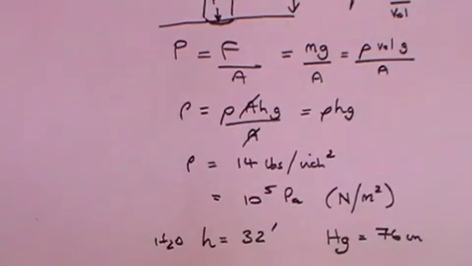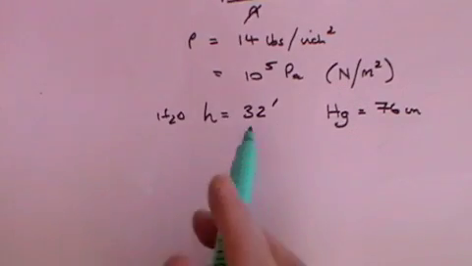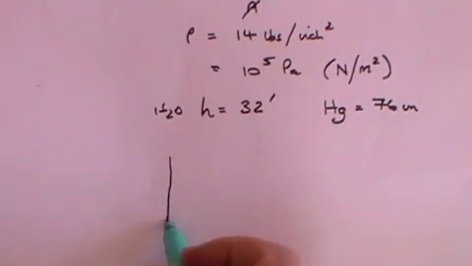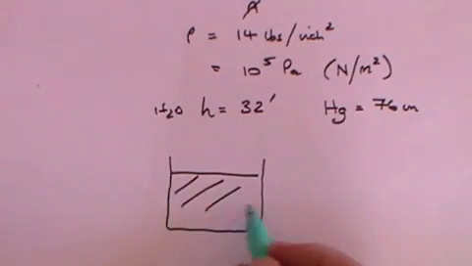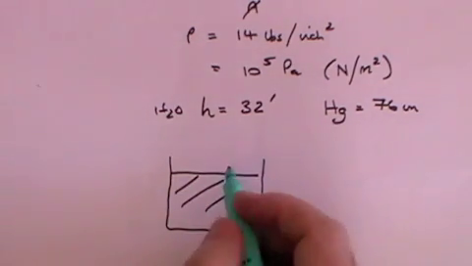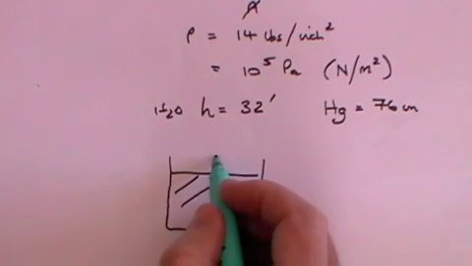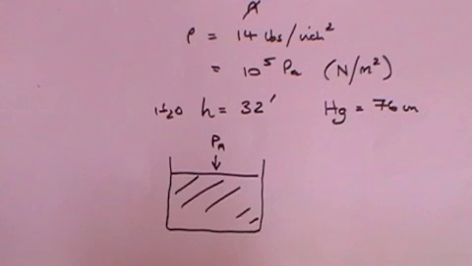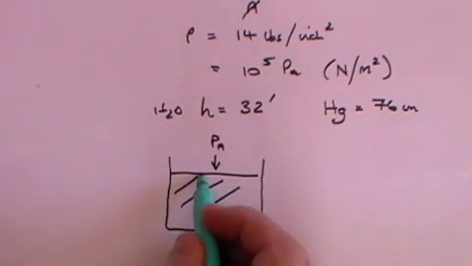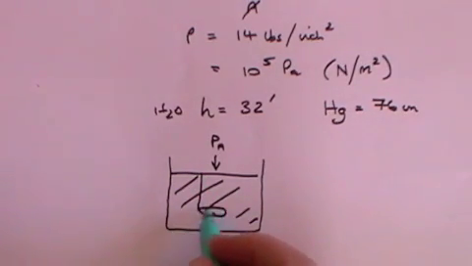Let's now calculate the pressure underwater. So here is a fluid. It could be any fluid, but we'll call it water for the time being. We know that on the surface of the water, atmospheric pressure, we'll call that PA, is applying. But what about a point here, underwater? Well, once again, I'm going to draw a cylinder.